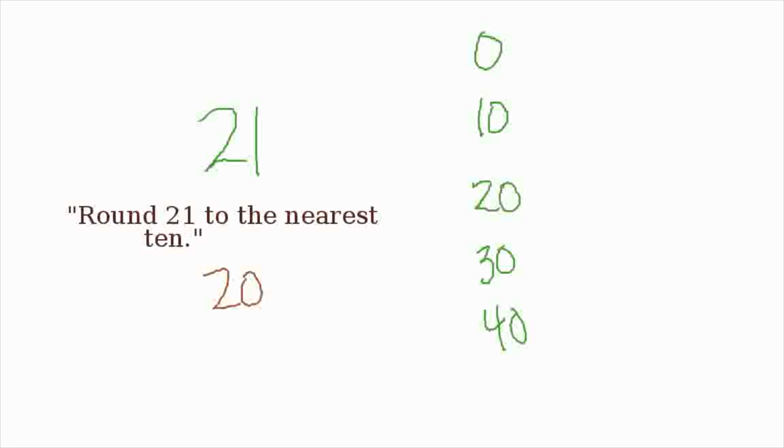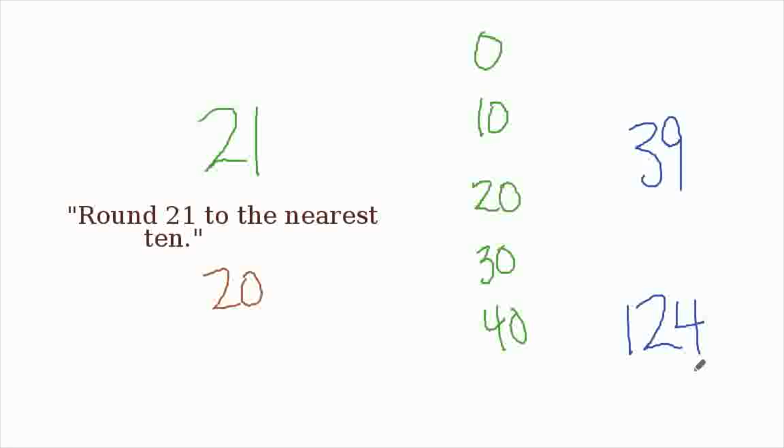So let's have you, how about, let's say I'll do it on the right, round 39 to the nearest 10. And then after you're done with that, round, how about 124 to the nearest 10? Okay?